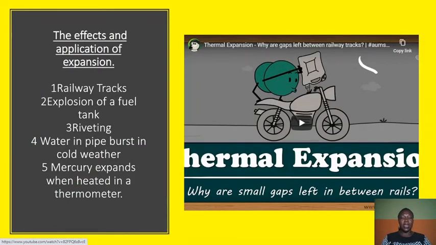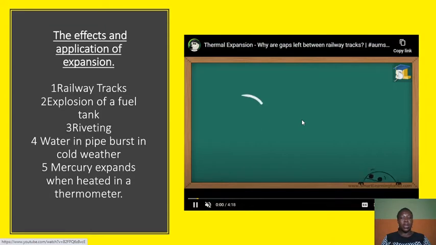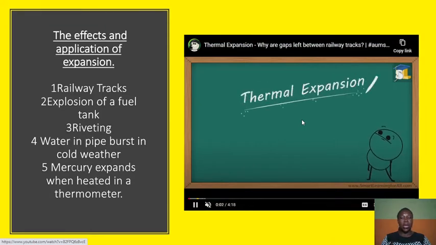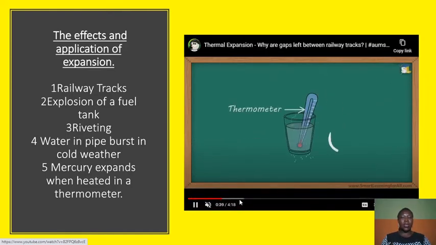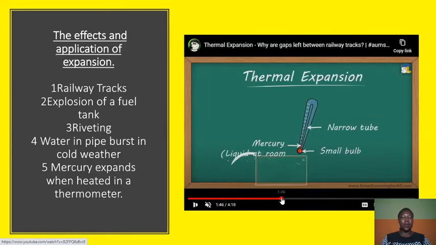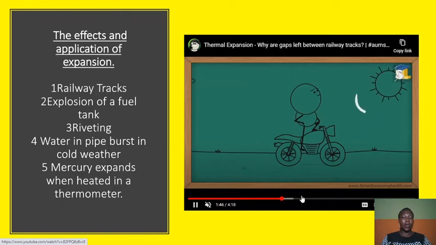The effect and application of expansion. We have rail tracks, explosion of a fuel tank, riveting, water bursting in pipes in cold weather, mercury expands. There are so many examples to show that these are the effects of expansion.